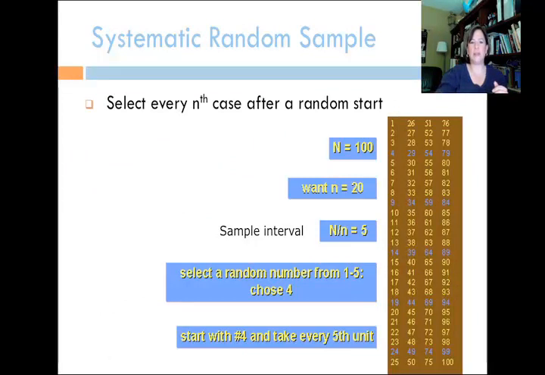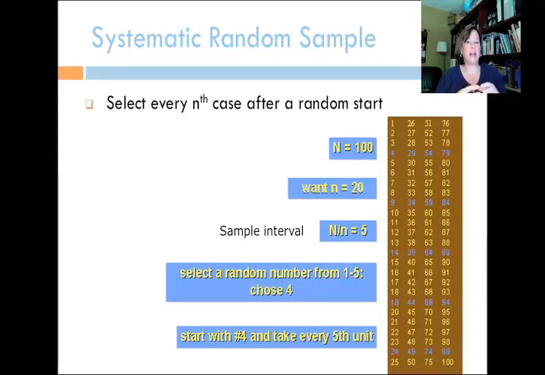Okay, in systematic random sampling, which is the fourth type of random sampling, the way this works is after you line up all the cases. So again, you have the population, or at least you have an accessible population. You know who they are. You order them in a list from 1 to however many are in your accessible population.